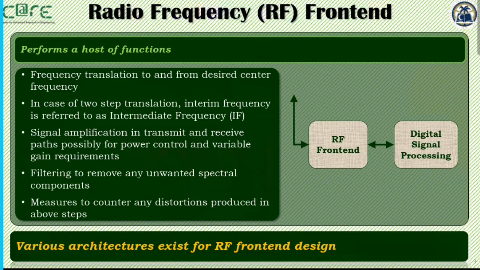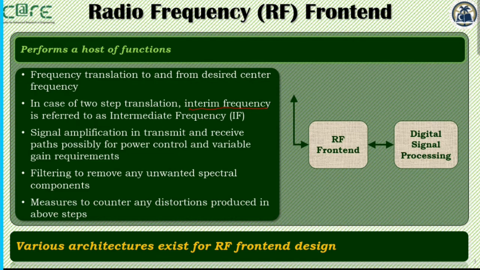Sometimes this process is done in two steps, and in those cases we use an interim frequency. The baseband signal is first converted to an interim frequency, which is then referred to as an intermediate frequency, commonly referred to as IF, and then the RF front end converts this IF frequency to the desired RF frequency.